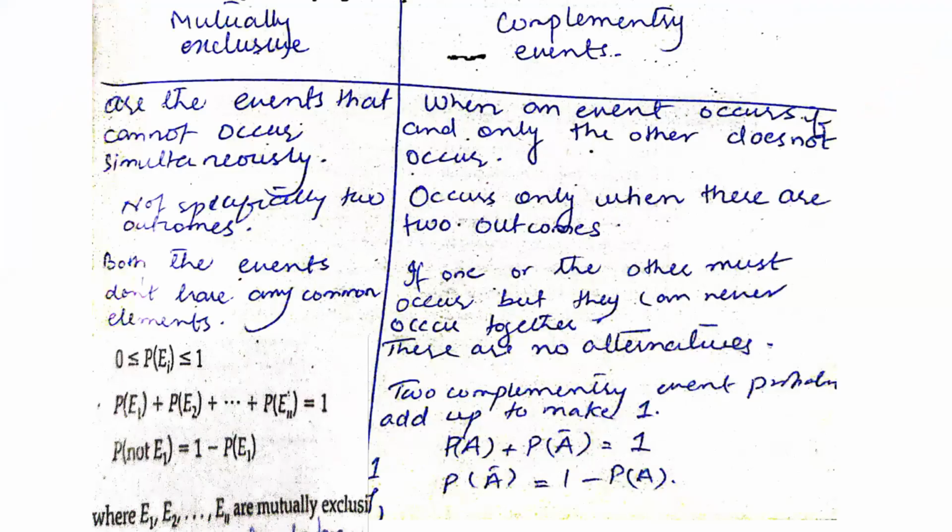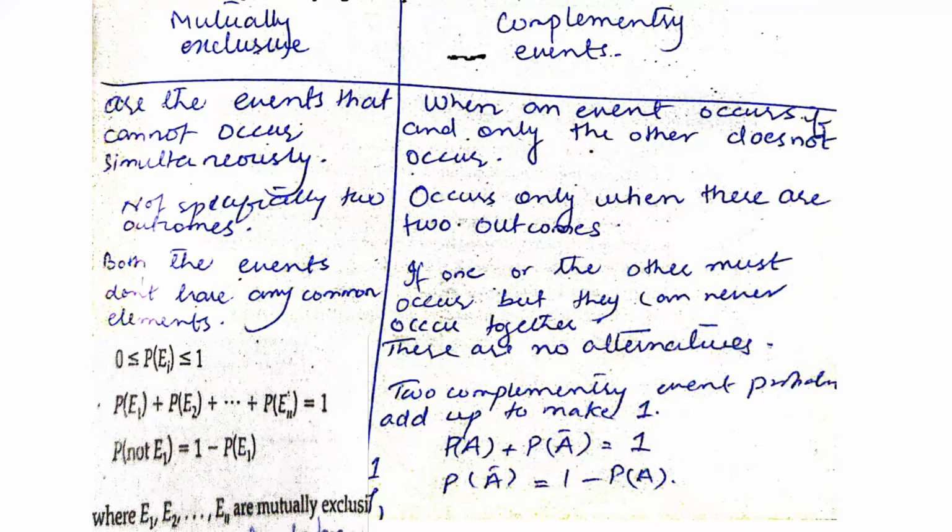Now coming to another concept, there are some events that are called mutually exclusive and some are complementary events. The mutually exclusive events are those events that cannot occur simultaneously, and they are not specifically only two outcomes, there can be more than one outcome, and the events don't have any common element. That will be explained later on.